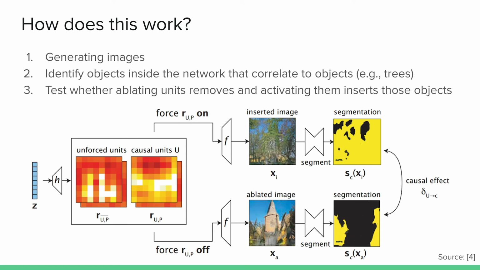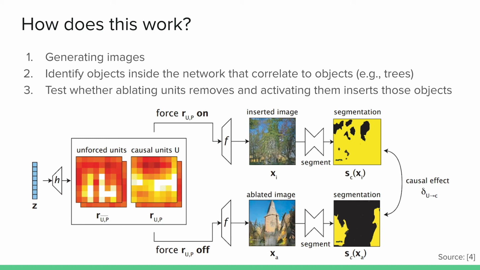Now, if we think this a little bit further, and we've identified those units, we can force them up or down. We can say, okay, you are the cloud neuron. If we enforce that neuron and activate it, we want more clouds in that particular region of our image, or we can decrease the activation of those neurons and then ablate them.